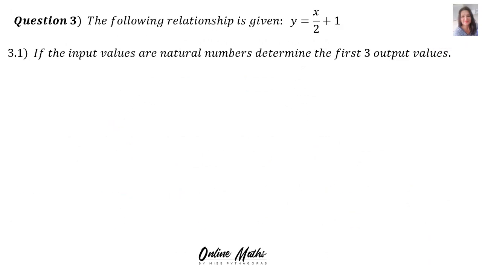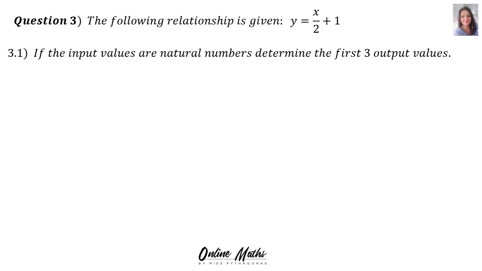Question 3. The following relationship is given. y is equal to x divided by 2 plus 1. And then the question says, if the input values are natural numbers, determine the first 3 output values. Now, do you agree there's a problem here?